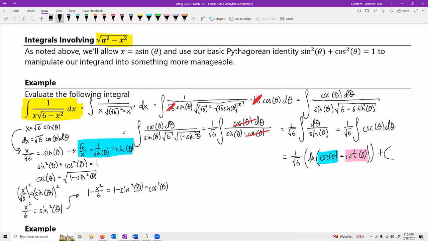So therefore, our final bit, the square root of 1 minus x squared over 6, should be cosine of theta.